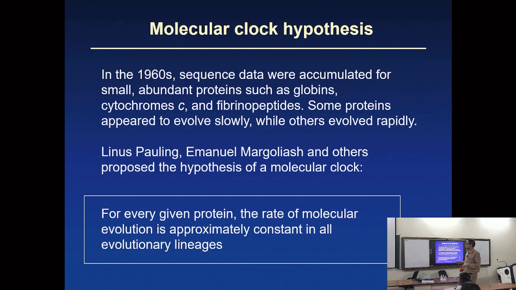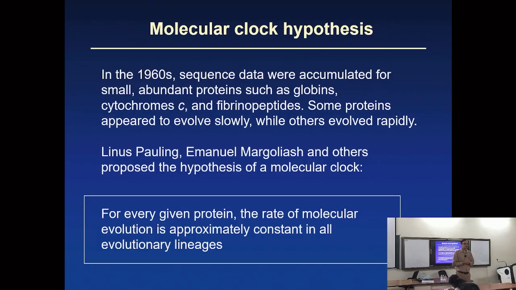So they proposed that for every given protein, the rate of molecular evolution is approximately constant in all evolutionary lineages. So consider proteins from a family like the insulin family. Insulin evolves at a constant rate across different lineages.